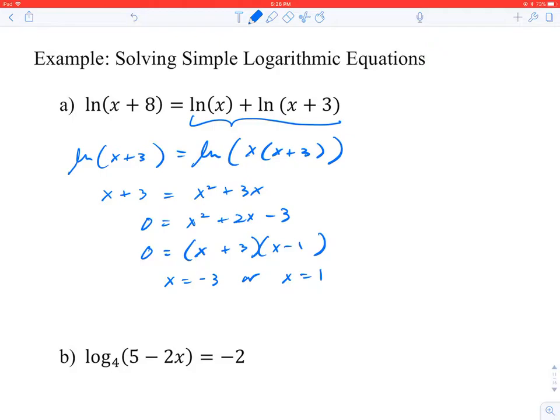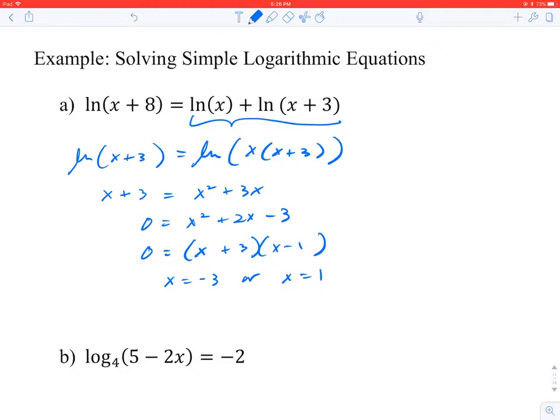So we need to double check that the solutions we find actually make sense in the original equation. Because notice we were able to drop the logarithm and that was just solving a quadratic equation. Well, quadratics have domains of all real numbers, but logarithms do not.